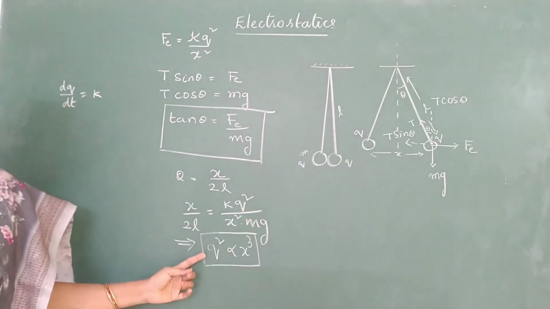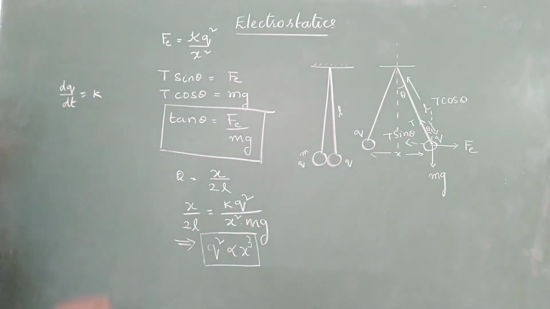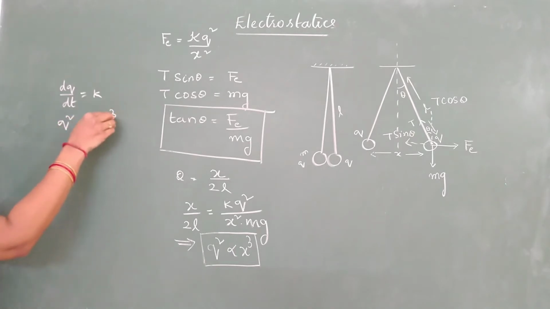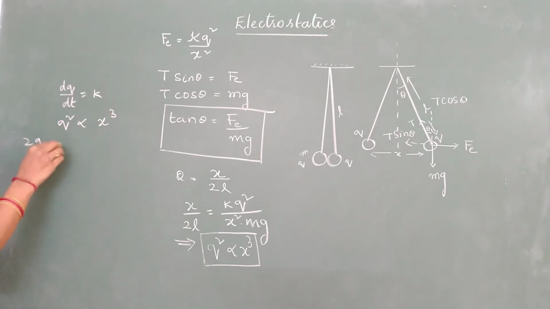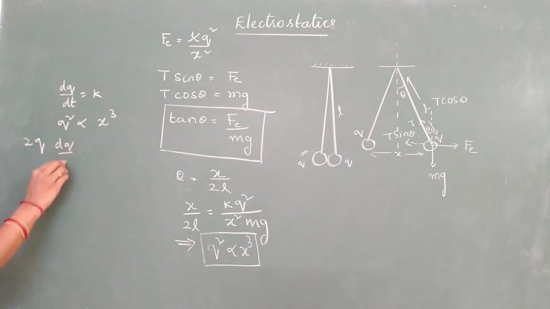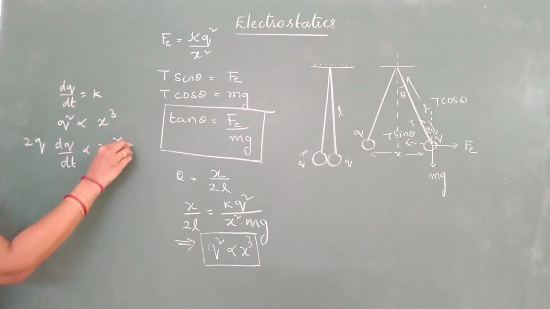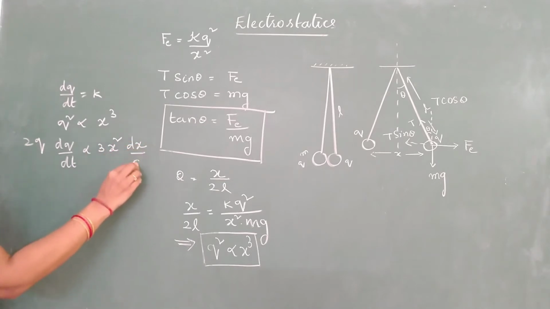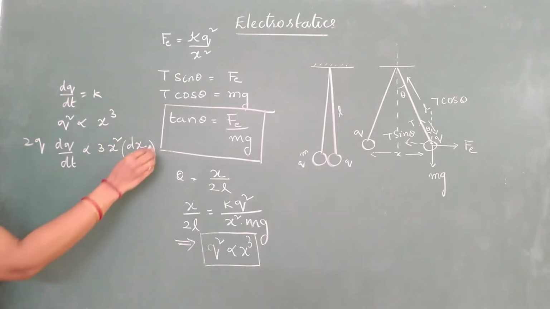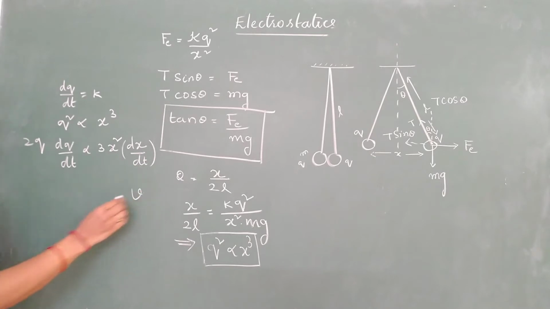To solve this question, you can directly begin from this. Since q square is proportional to x cube, differentiate it. 2q into dq by dt is proportional to 3x square into dx by dt. We know dx by dt itself gives me speed. 3x square I am not changing.